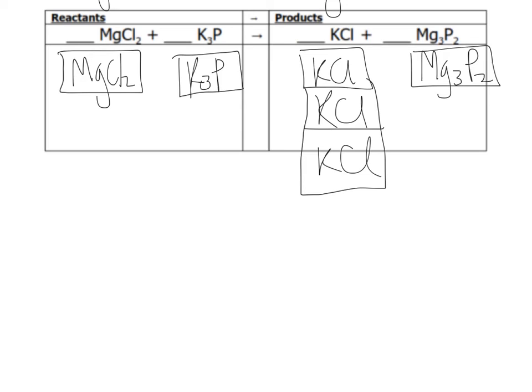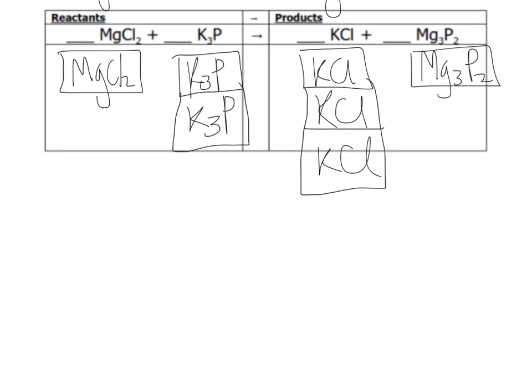I think I'll look at P next. This side has 2. Reactants only have 1. I'm gonna add to the side I don't have enough. And I'll make this K3P. Now I have 2 P's and 6 K's.